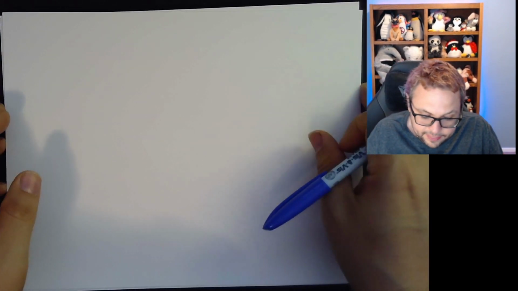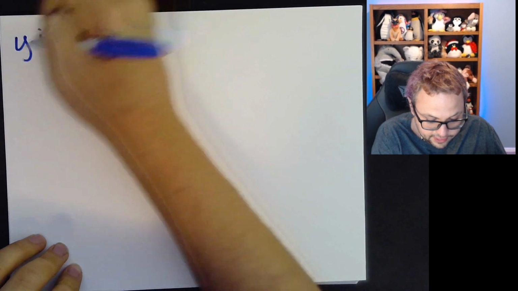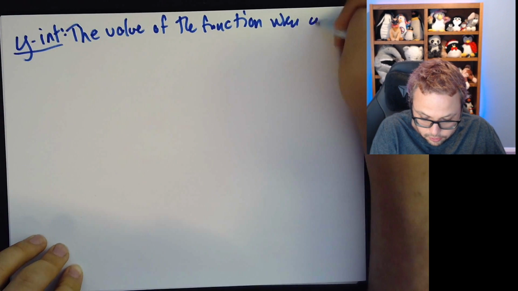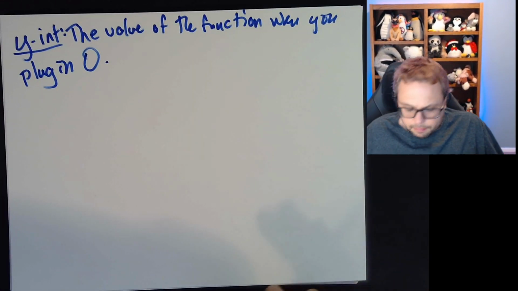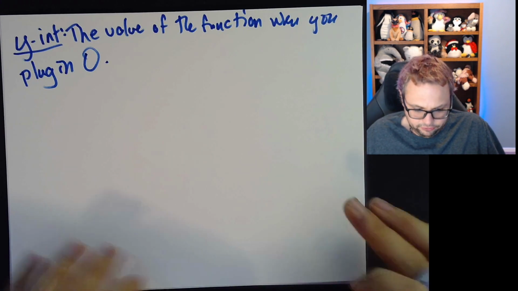Okay. But what is a y-intercept at the end of the day? At the end of the day, the y-intercept is the value of the function when you plug in 0. But what is it I'm plugging into this function at all? I'm plugging in a year to get out college tuition.